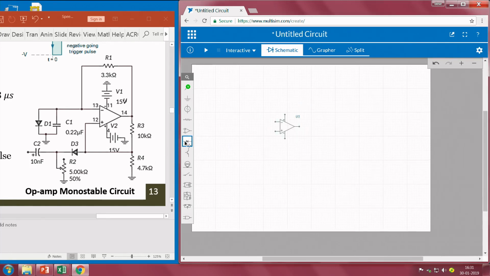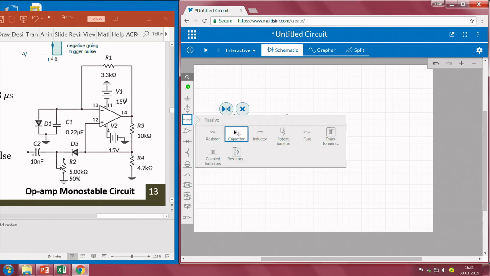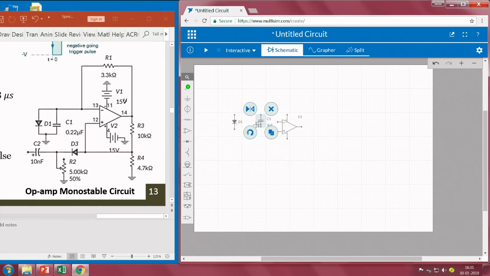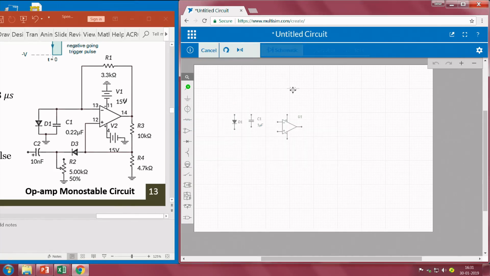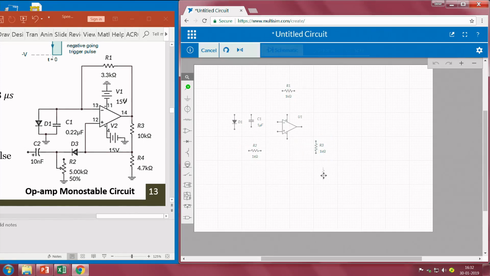Then I need one diode, and I also need one capacitor, one more resistor which is R1, then I need R3 and R4 too, right.